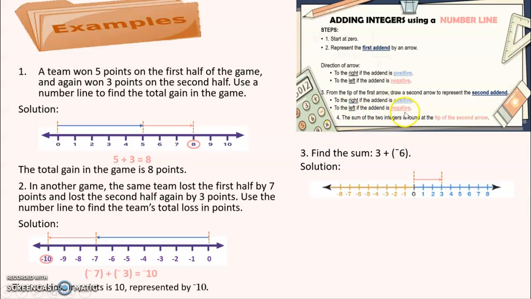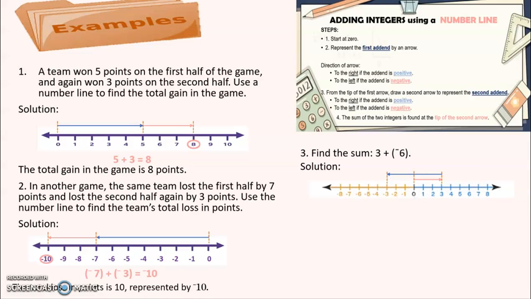Starting at the tip of our first addend, which is 3, we count 6 to the left. So from here, we count 1, 2, 3, 4, 5, 6. Therefore, we stop at negative 3.